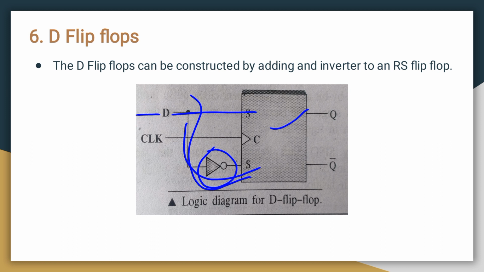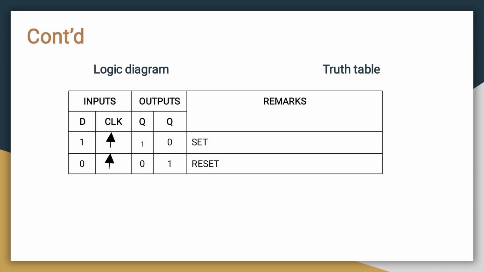Again we apply the clock. So this is the logic diagram of the D flip-flop. This is the truth table. For input 1 with a rising edge it will set. For input 0 with a rising edge it will reset. So this is the truth table of the D flip-flop.